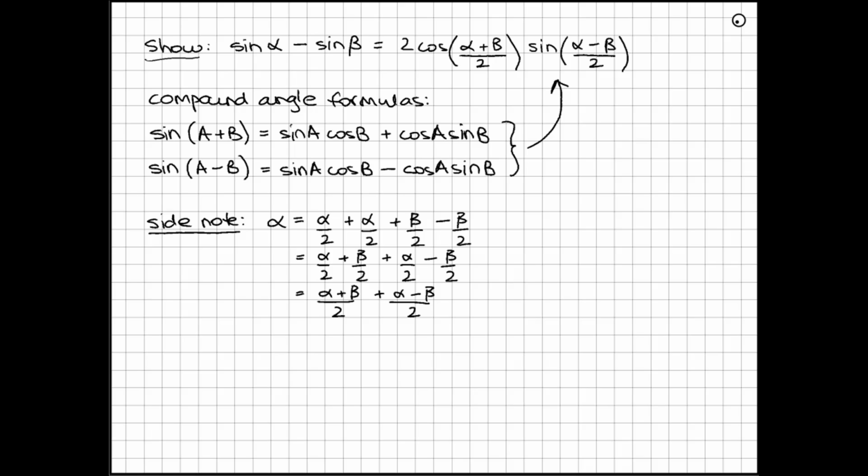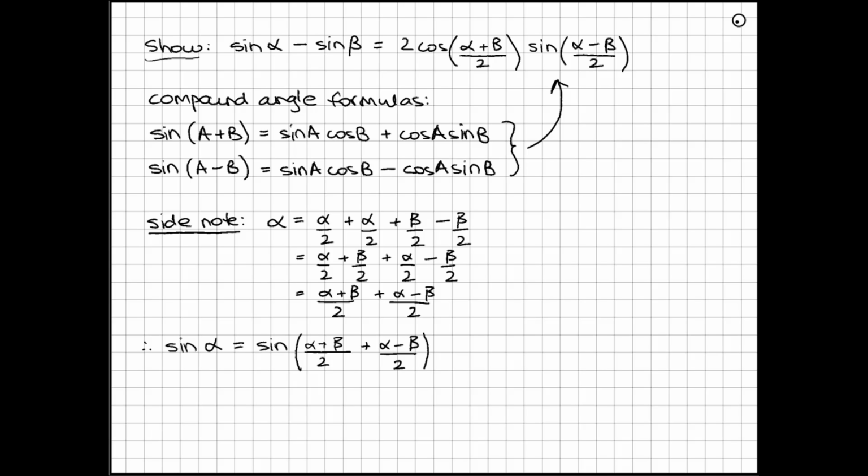So from there, we can actually say that, therefore, if we wanted to write sine of alpha, we can write that as the sine and then insert this result for alpha. So alpha plus beta on 2 plus alpha minus beta on 2.